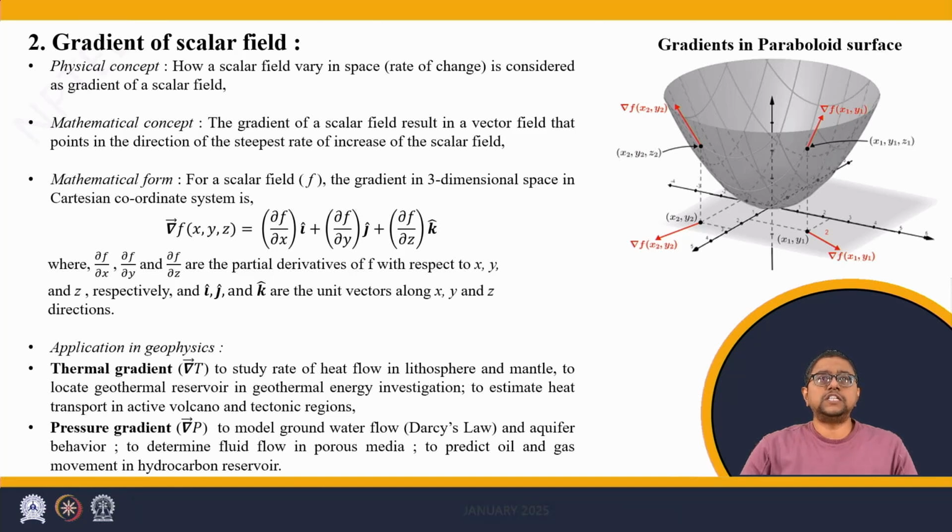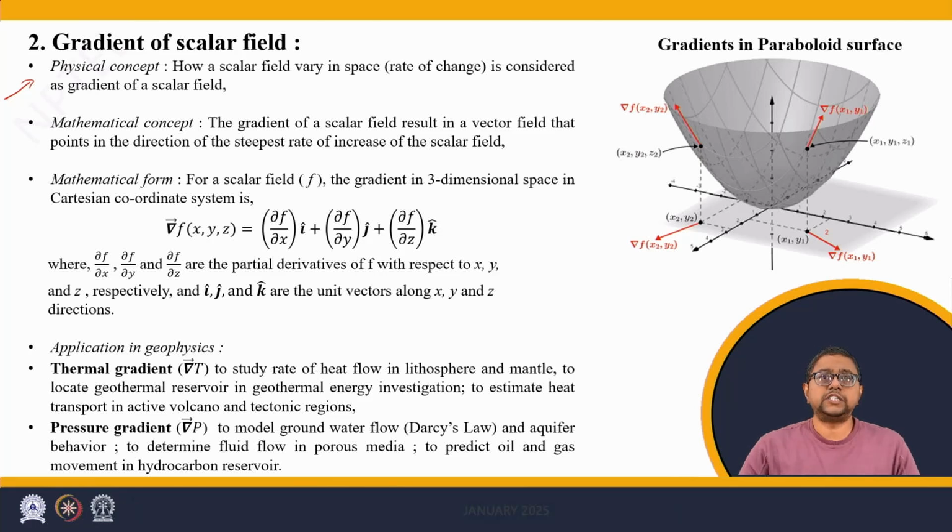The physical concept of a scalar field gradient is described here. The physical concept is how a scalar field varies in space or time; its rate of change is considered the gradient of the scalar field.